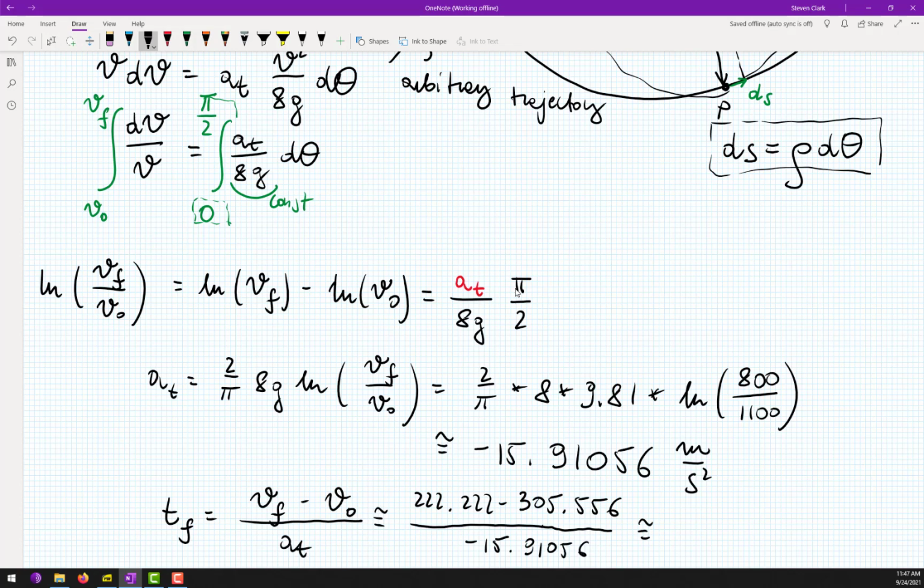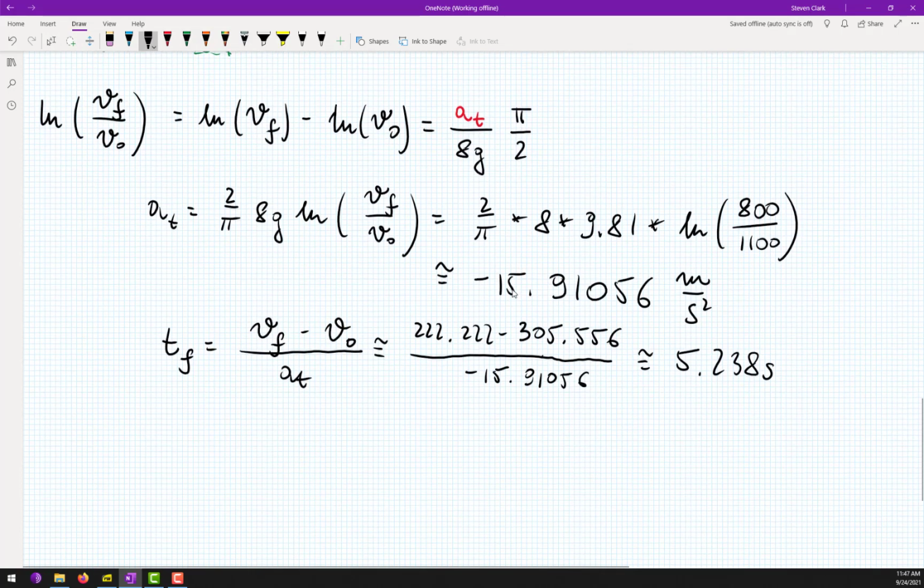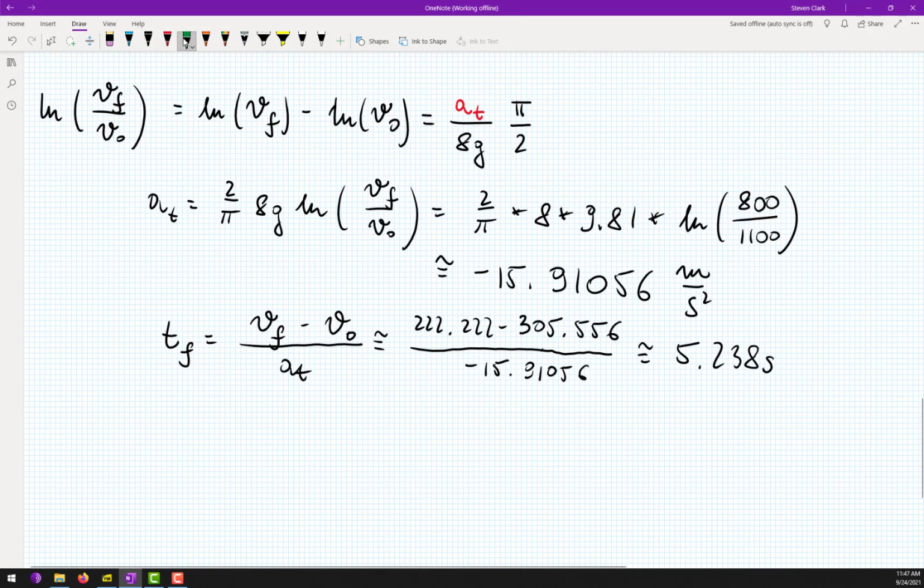That would be approximately 5.238 seconds. This is how much time the plane needs to take that turn. Answer B, and 100% of the problem is done.